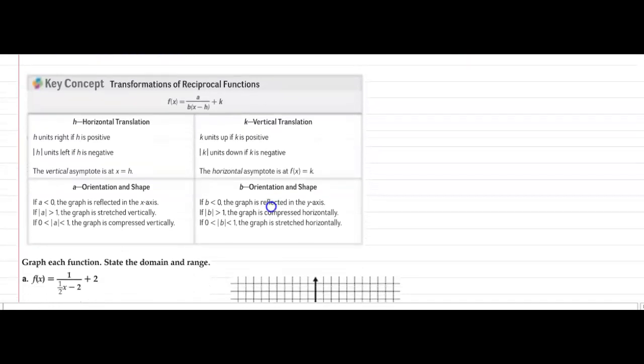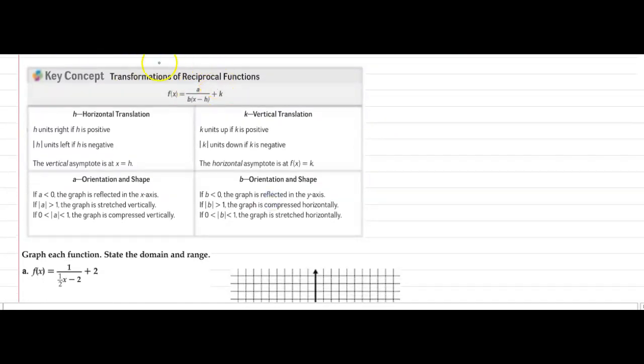Like I said, let's talk about some of these transformations. They're going to seem very familiar, just like we did in step 17. When we add a number after the fraction, that's going to make our function translate vertically that many units up if we add a number, and it's going to go down if we subtract a number.